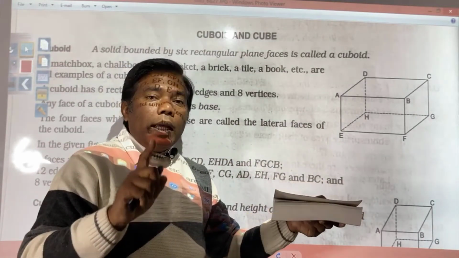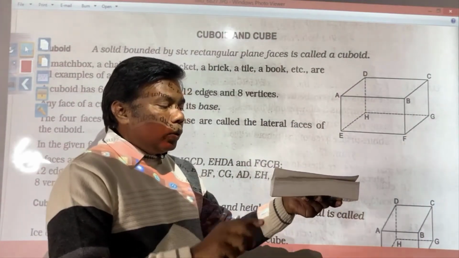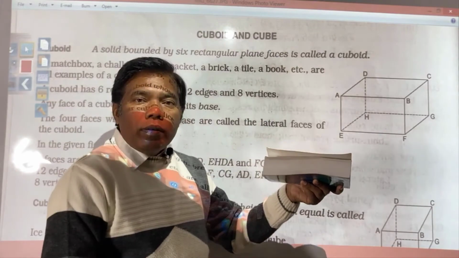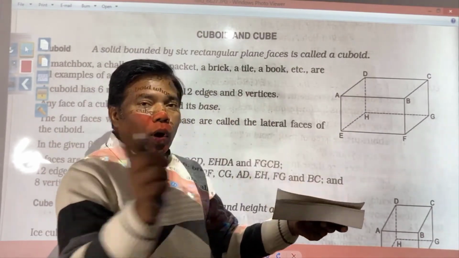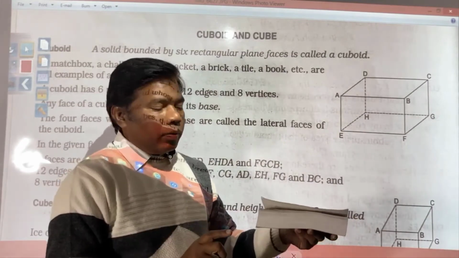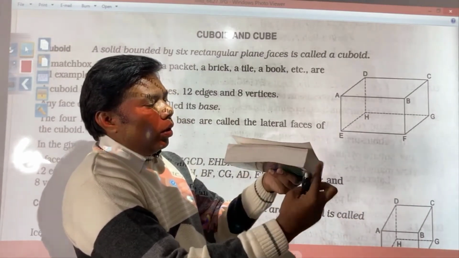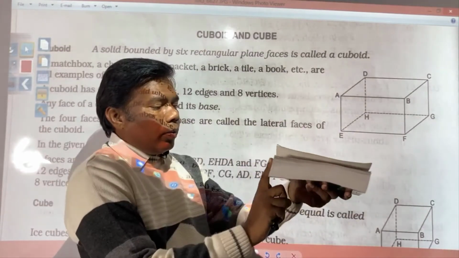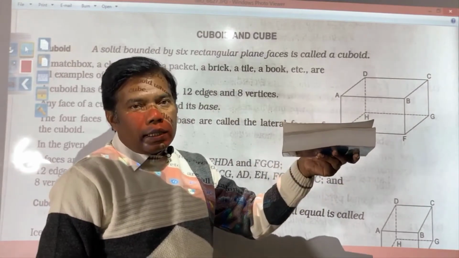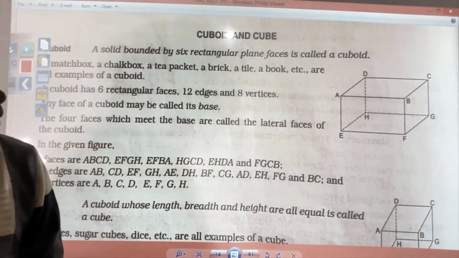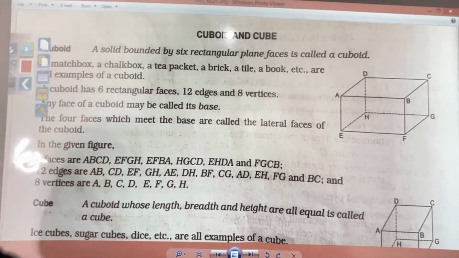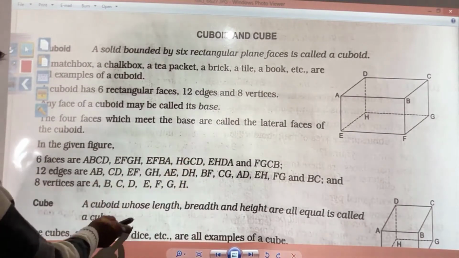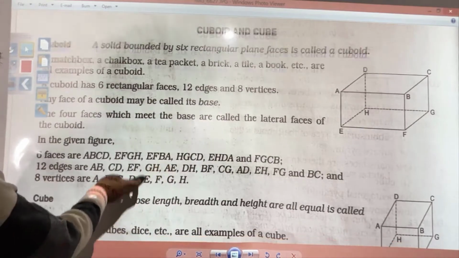Or if you are assuming your room, your base is your floor and the 4 walls will be called lateral surface. So these 4 walls or 4 sides will be called lateral surface. 6 faces are A, B, C, D, E, F, G, H that has been given. Just now I made you understand what it is.